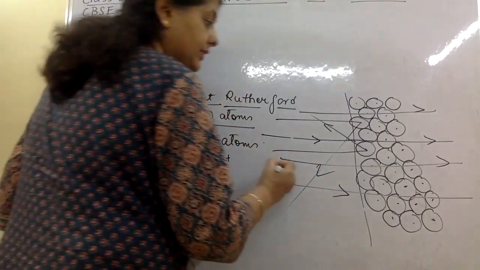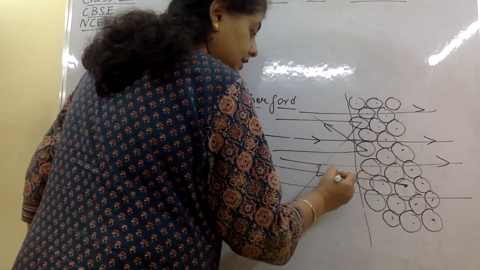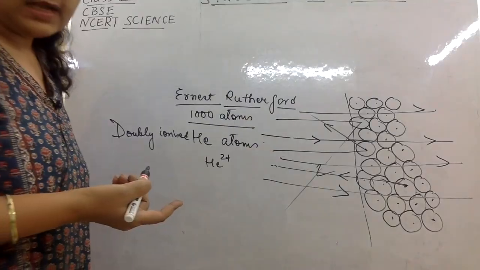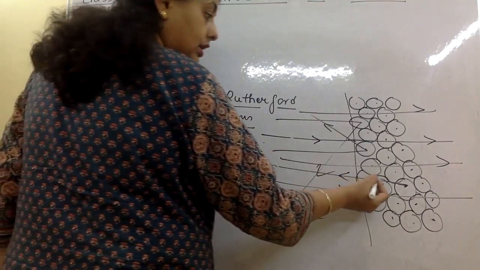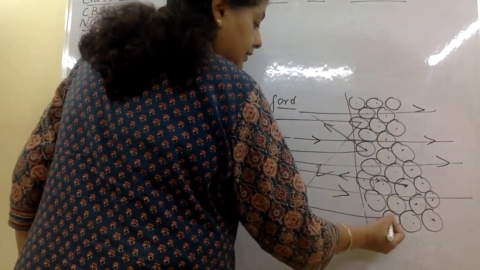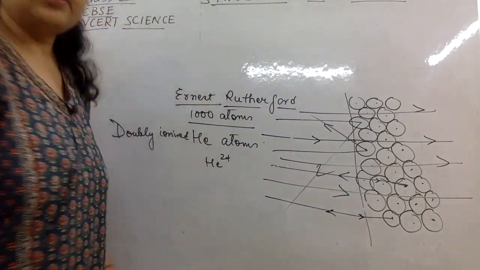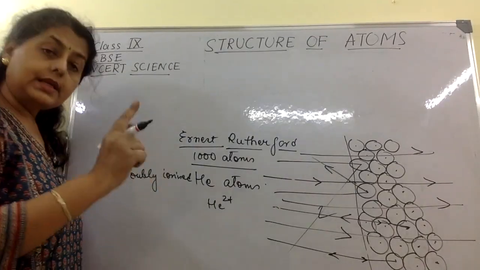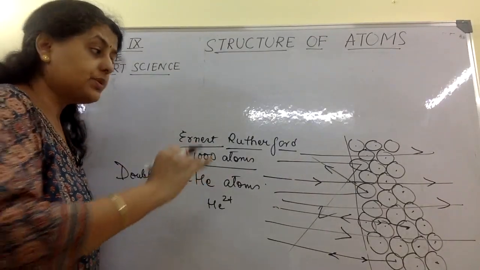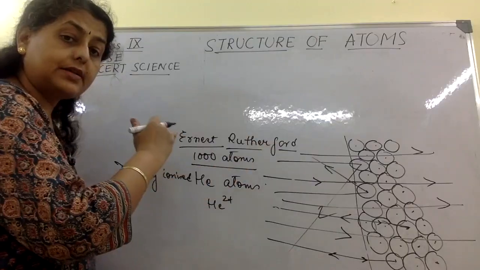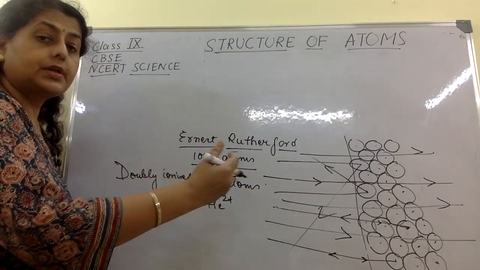Few of them got deflected straight back at 180 degrees; they rebounded. So 3 types: few passed straight, few got deflected at an angle, few rebounded.